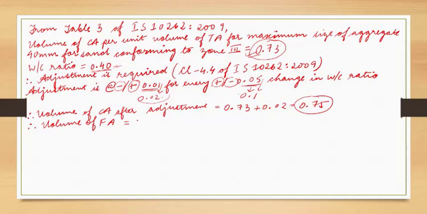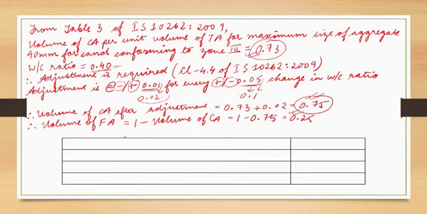So 1 minus 0.75 gives 0.25. So if we consider the volume of total aggregate to be 1, then the volume of coarse aggregate is 0.75 and the volume of fine aggregate is 0.25.